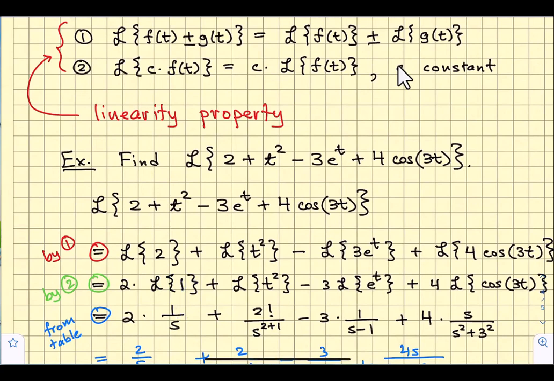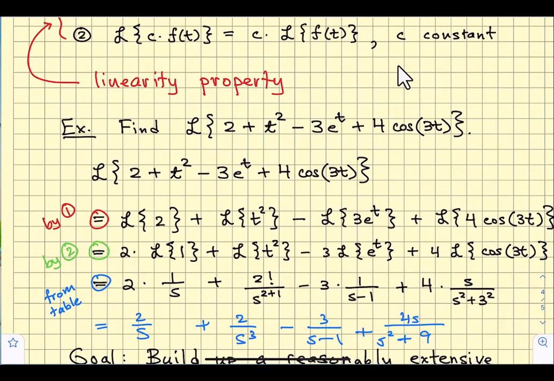And similarly, using our table, the Laplace transform of t to the n is n factorial over s to the n plus 1. The Laplace transform of e to the at, here our a is 1, is 1 over s minus a. And the Laplace transform of cosine bt, if you look at the table, is s over s squared plus b squared.